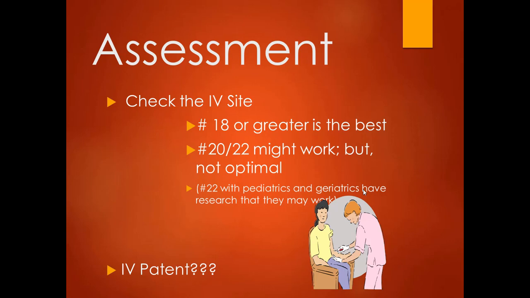And if you come back and see that their IV is not working, it's going to take 10 minutes to get a new IV started. And what if they don't have very good veins? I've seen IV starts take over an hour because of the crappy veins the person had. So we only have 30 minutes from the time we pick the blood up to the time we have to have it started. So we need to make sure that the IV is patent.